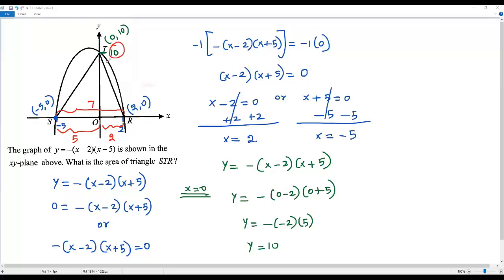Here we have 10 as the y-coordinate. So what is the height of the triangle? It is 10. So the base of the triangle is 7 and the height of the triangle is 10.